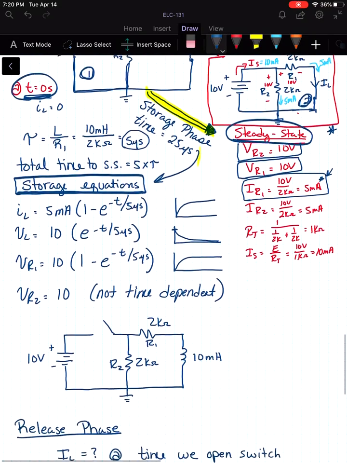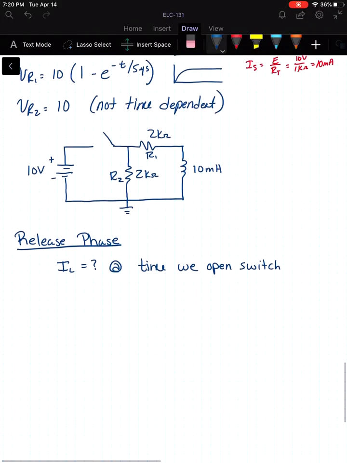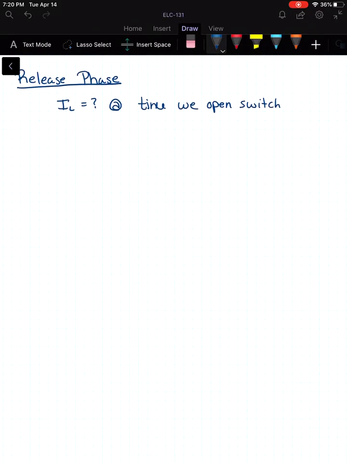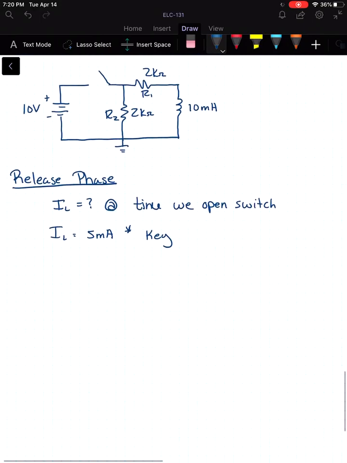But for a maximum of 5. So let's say we allowed our circuit to reach steady state. So we're going to say that IL is the 5 milliamps. Now this is the key to understanding what happens in the release phase.